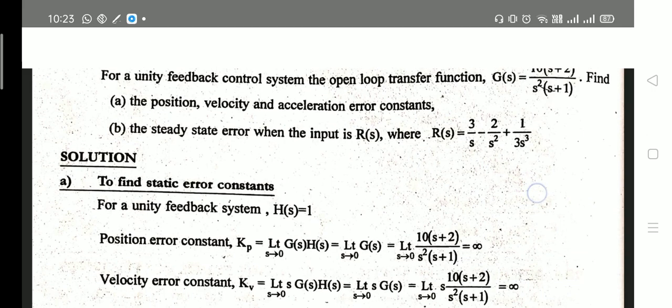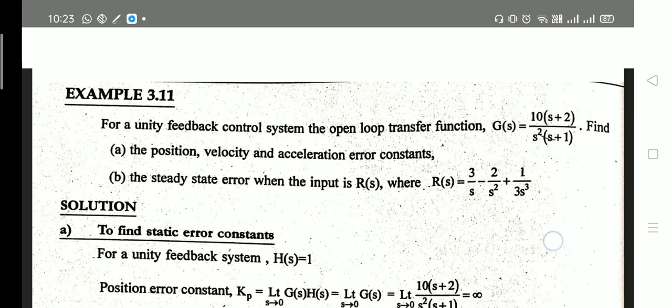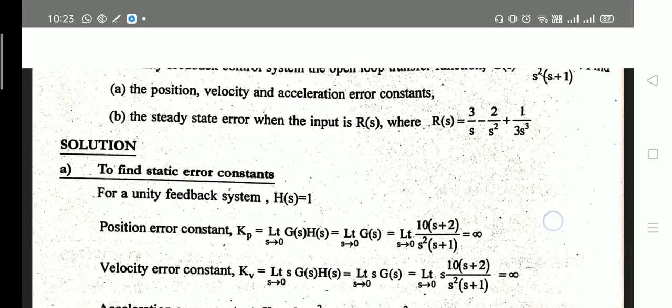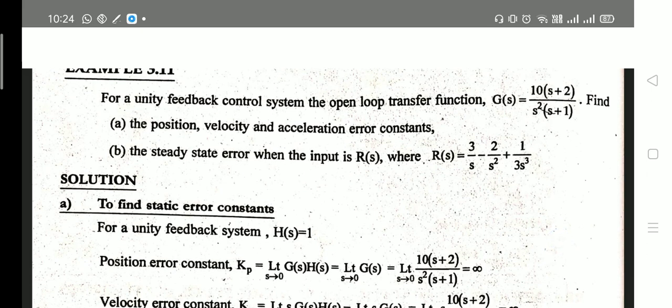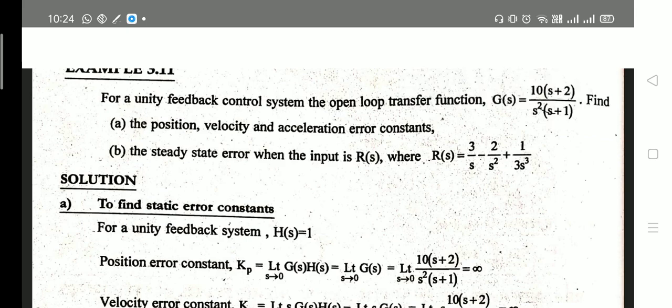Okay. First find the error constants. Here H of s is not there, so H of s is equal to 1, and the positional error formula is Kp is equal to limit s tends to 0 of G of s into H of s. We already know the G of s value, H of s is 1, so substitute here.